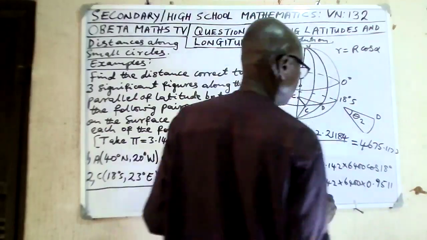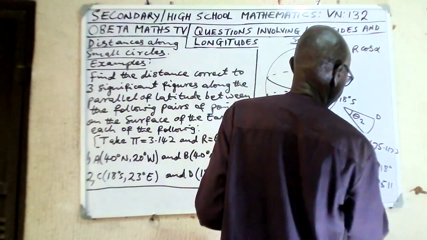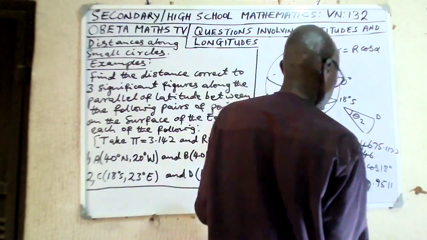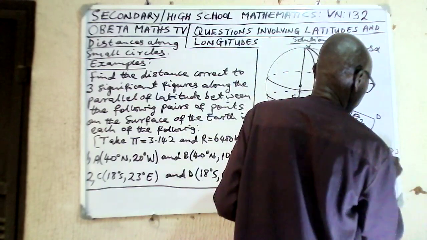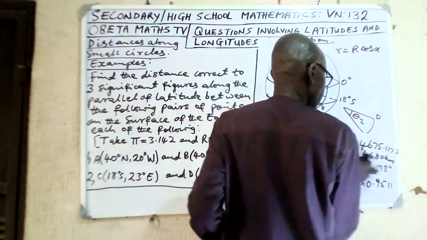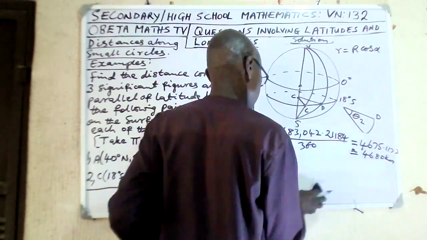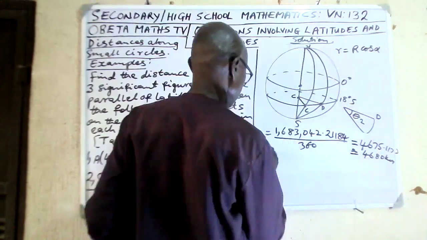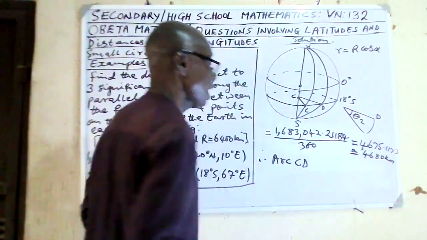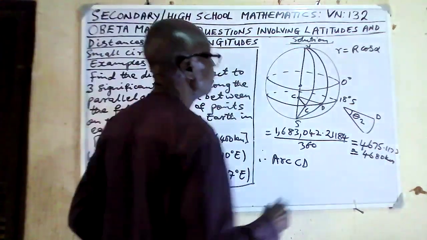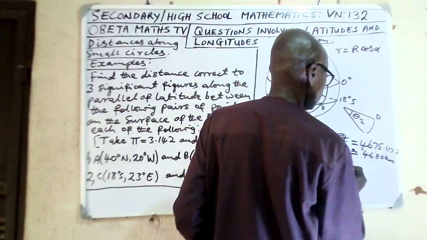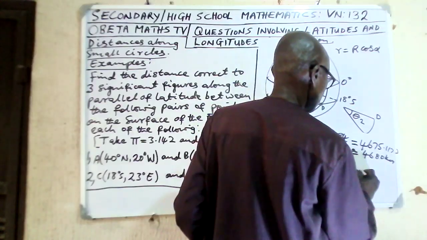And that's approximately 4680, to 3 significant figures. Therefore, arc CD is equal to 4680 kilometers.